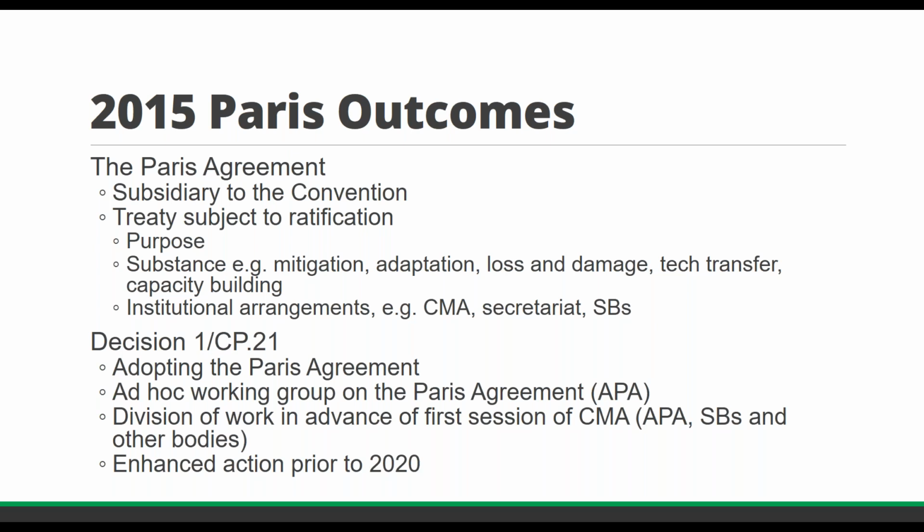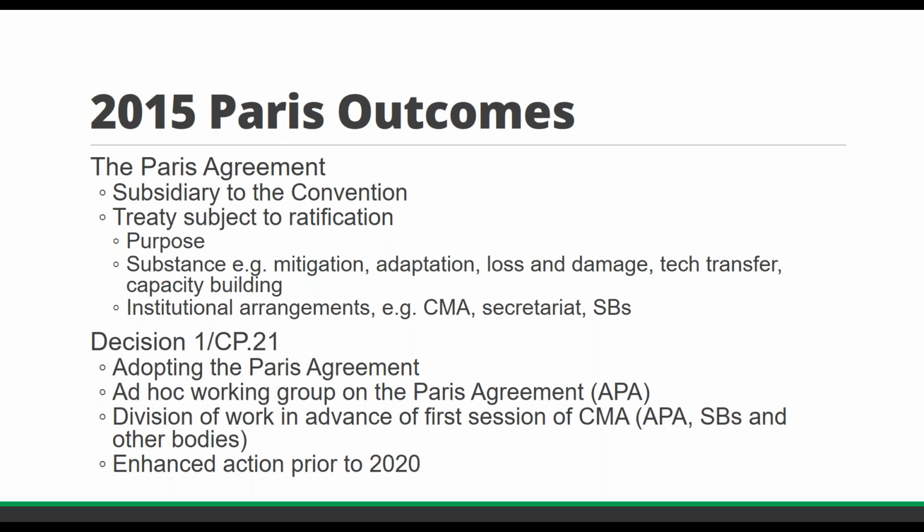That's the rest of the agreement, which is about setting up, for example, the CMA, or the Conference of the Parties serving as the Meeting of the Parties to the Paris Agreement, how the Secretariat will function, and how the subsidiary bodies will or will not serve the Paris Agreement. And then there was a decision, CP21, that adopted the Paris Agreement. It set up the ad hoc working group on the Paris Agreement, so you'll hear a lot about the APA.